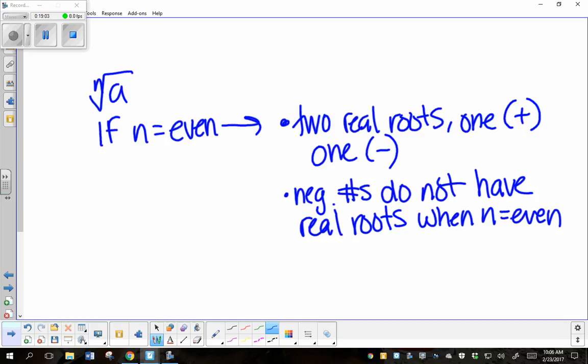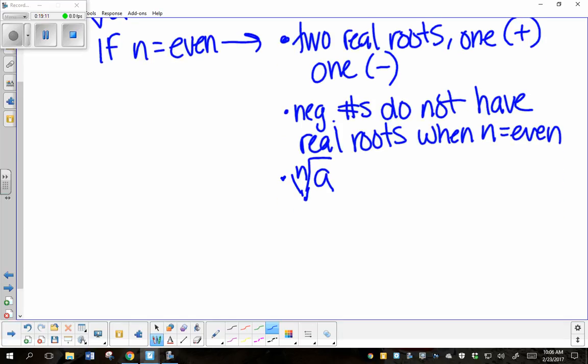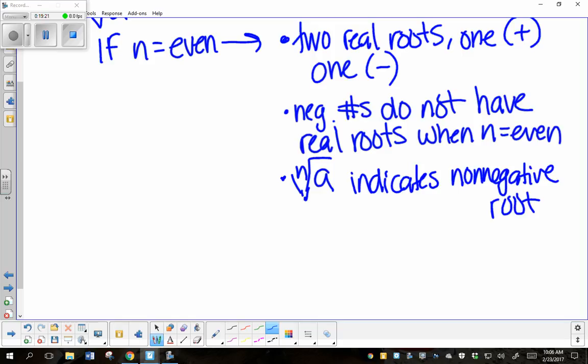And any time that you just see the nth root of a written with that symbol, that means they're indicating that they just want the non-negative root. Which I feel like sounds a little contradictory.